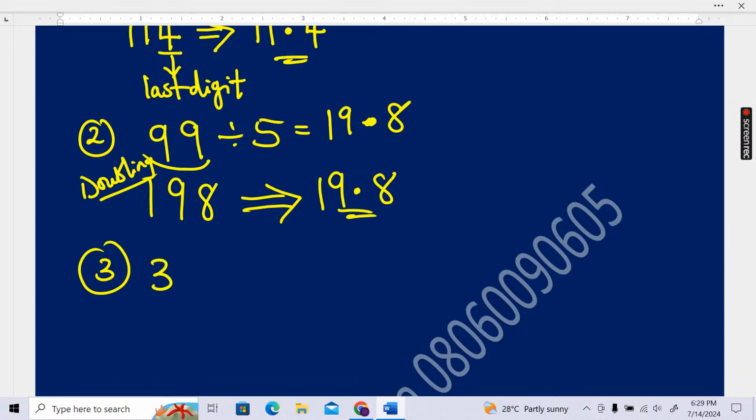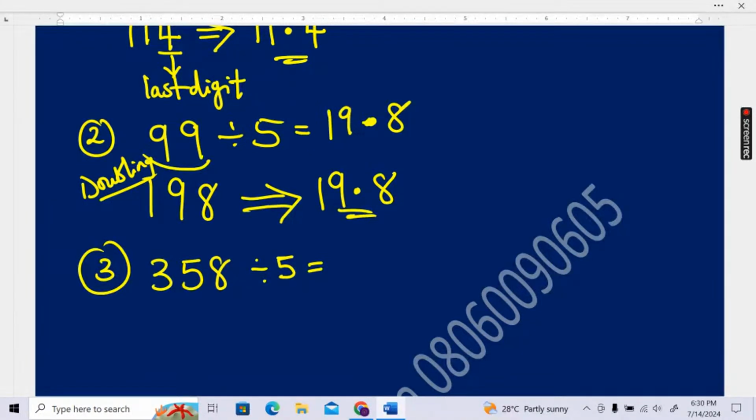So what is 358 divided by 5? No calculator, no pen and your book. You're only writing it down to take notes, all right? In your head, double 358, that will give you 716.